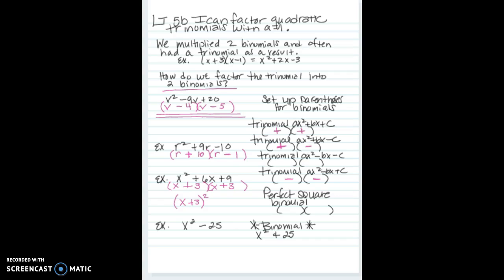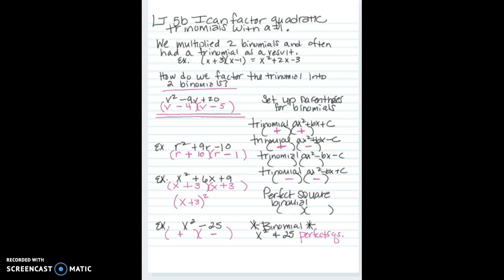And we have one more example here, x squared minus 25. Notice that this one is a binomial. Both x squared and 25 are actually perfect squares. So we do factor this one just slightly different. It will still have two parentheses, but one sign is a plus and one sign is a minus.